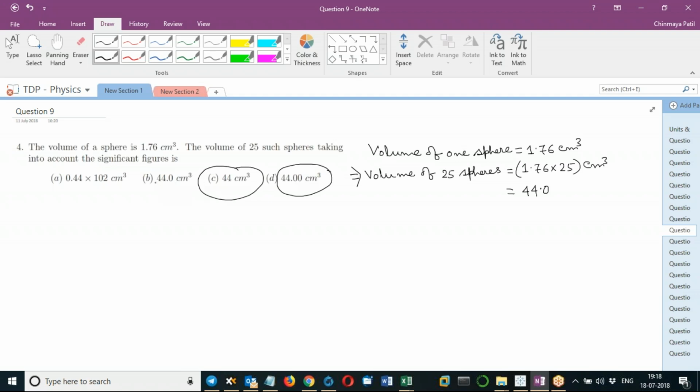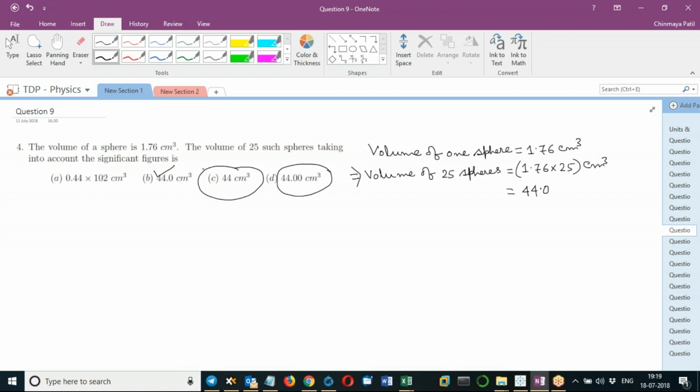So the point is that 44.0 is the correct one, because according to the principle of measurement, the result of that computation should be expressed in the number of significant figures given in the operand. So the result should always be expressed in three significant figures, as the volume of one sphere is in three significant figures.